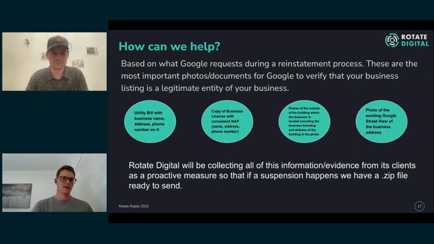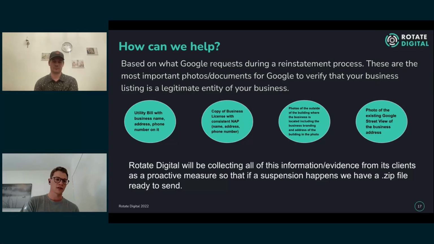Yeah. So this is the goal. When you provide this information, it expedites the process with reinstatements, and I should say most of the time. So your utility bill has your business name. This is what Google's looking for, right? And they've said this in their guidelines.